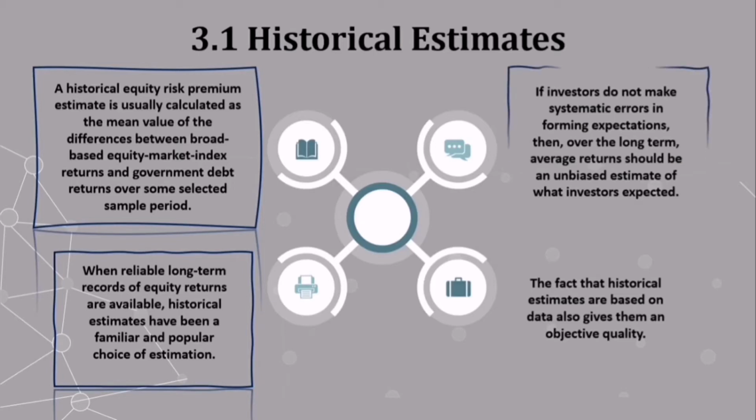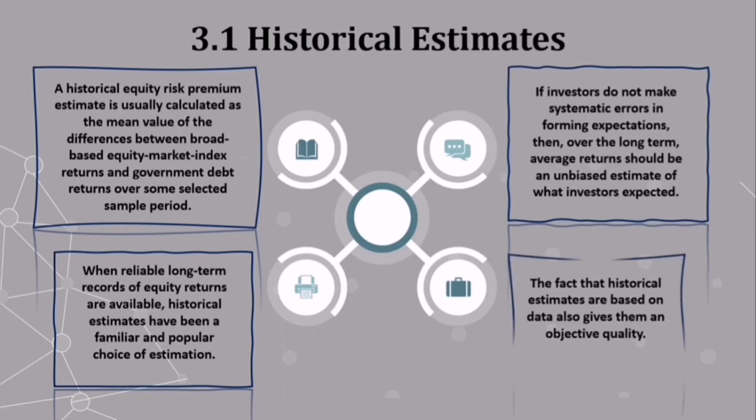If investors do not make systematic errors in forming expectations, then over the long term, average returns should be an unbiased estimate of what investors expected. The fact that historical estimates are based on data also gives them an objective quality.